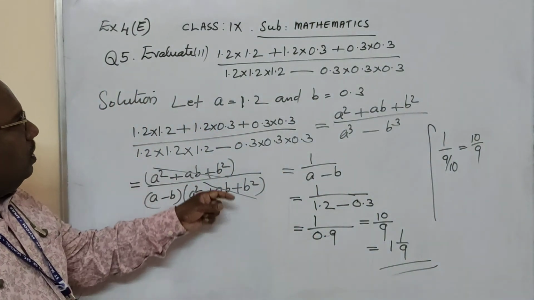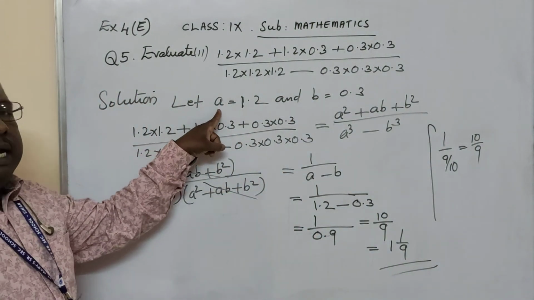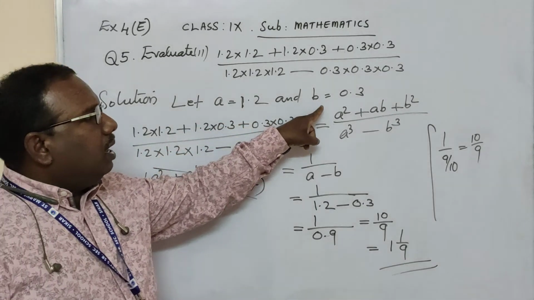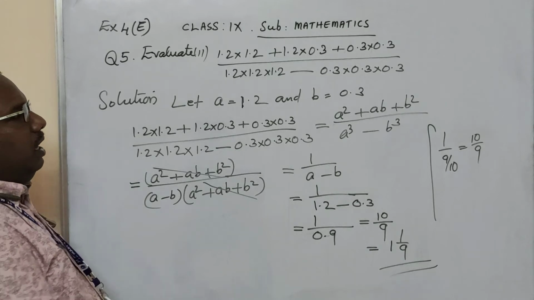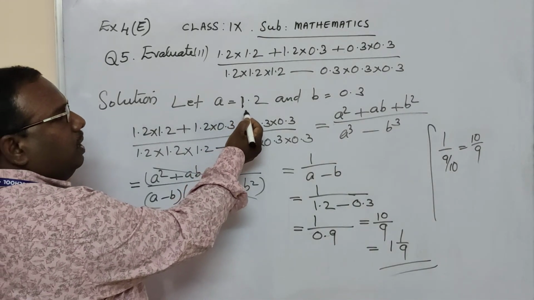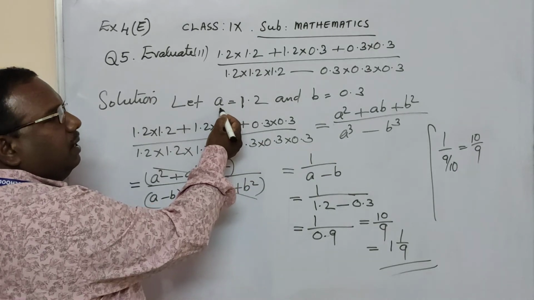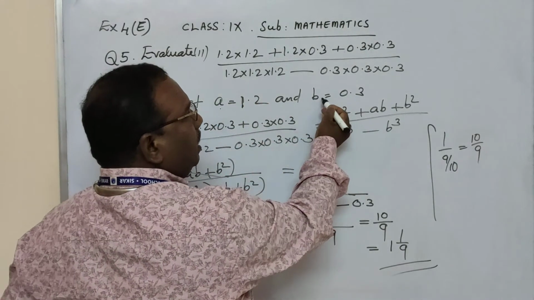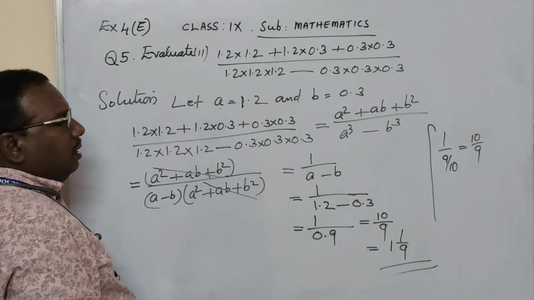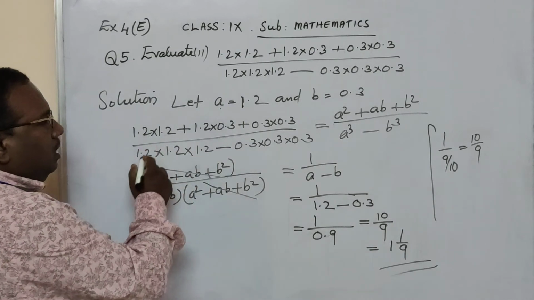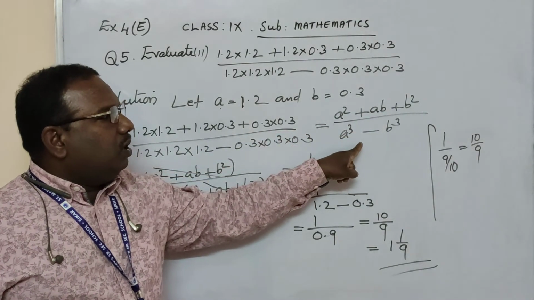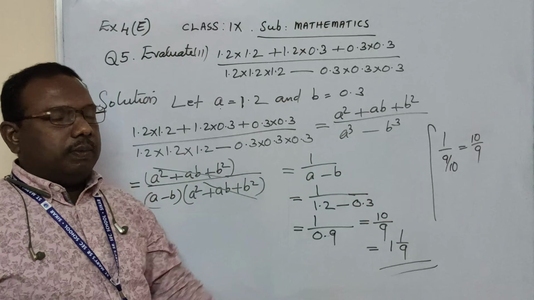Look at the board once more. We consider A equal to 1.2 and B is equal to 0.3. In place of 1.2 we can write A. In place of 0.3 we can write B. Then we get A square plus AB plus B square all divided by A cube minus B cube form.